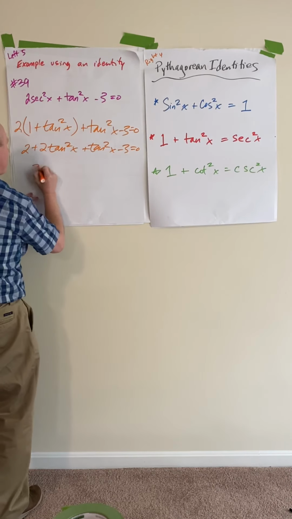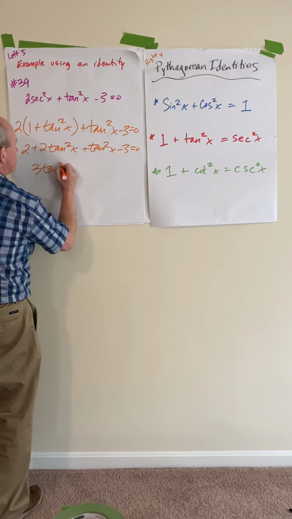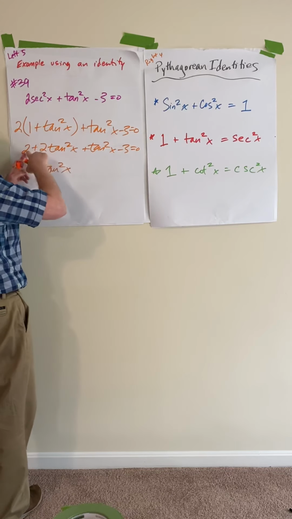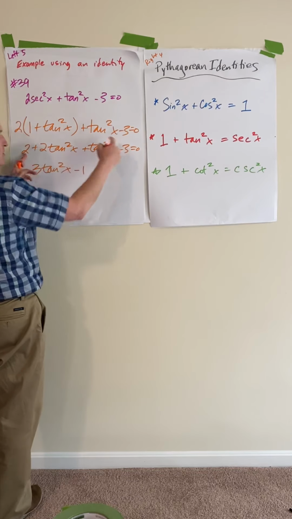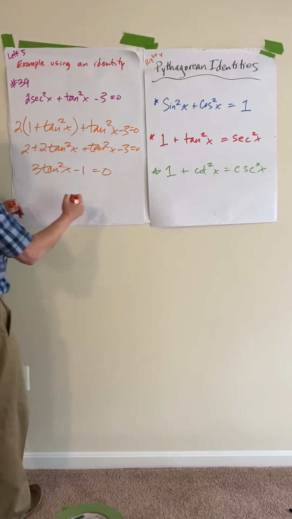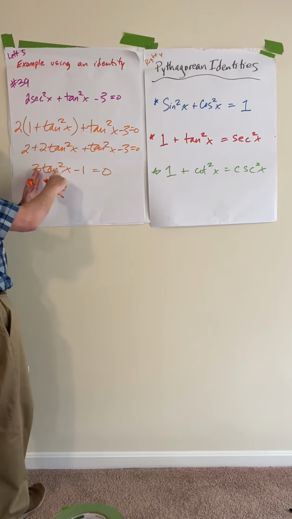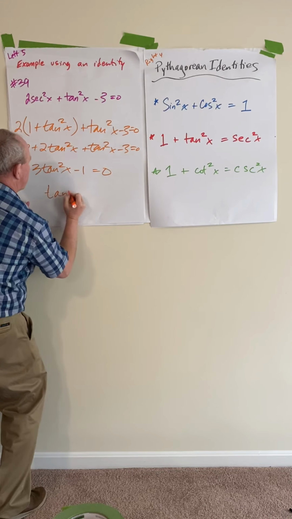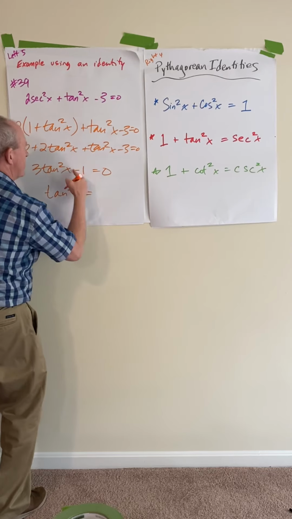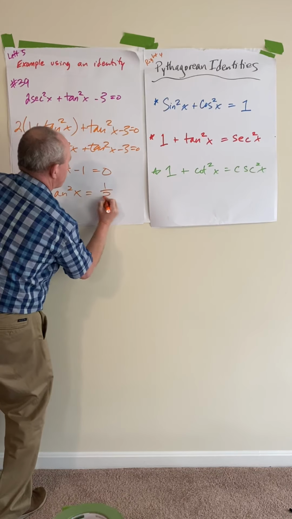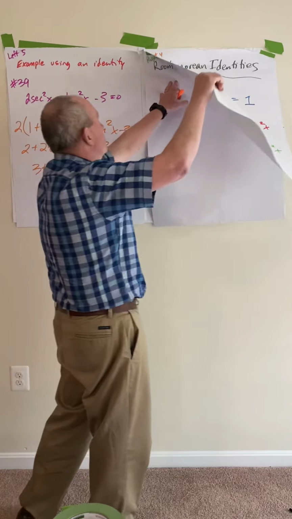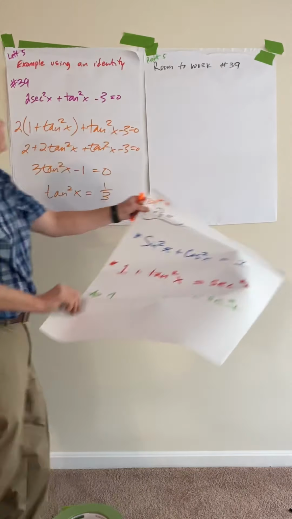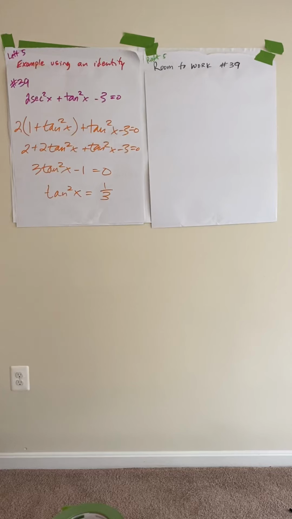I've got 3 tangent squared x, and 2 minus 3 is minus 1, equals 0. Then if I get the tangent squared by itself, I've got tangent squared x equals 1/3. I gave myself more room to work out number 39, so I knew that it was a long one.